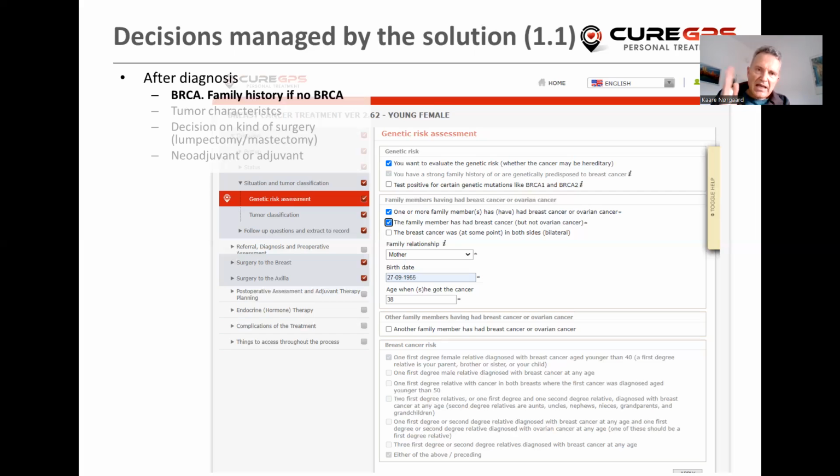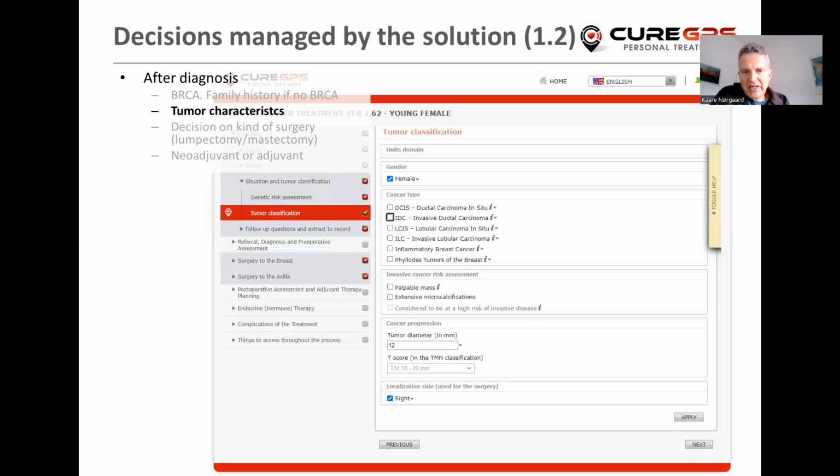So that's just one step of the whole flow in that determination. The tumor characteristics typically come from the mammography, and then it must be keyed into the solution, and from that it derives what the T classification is.